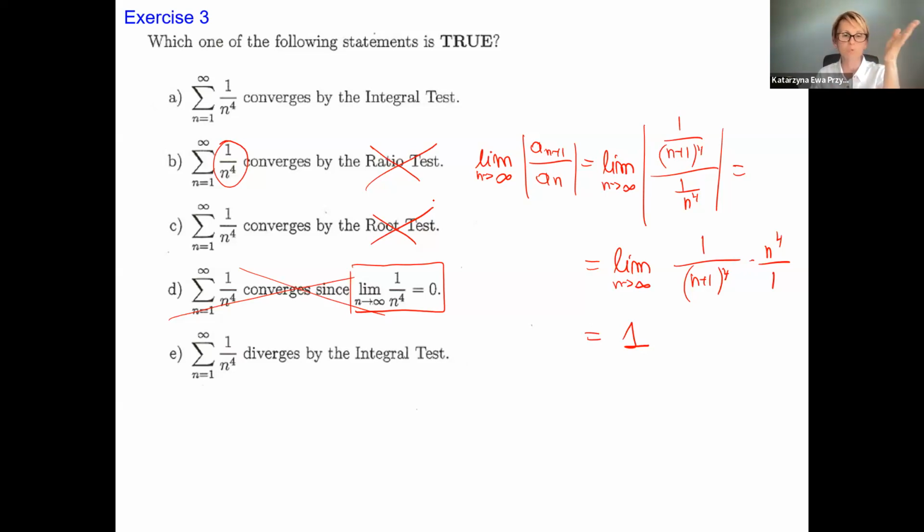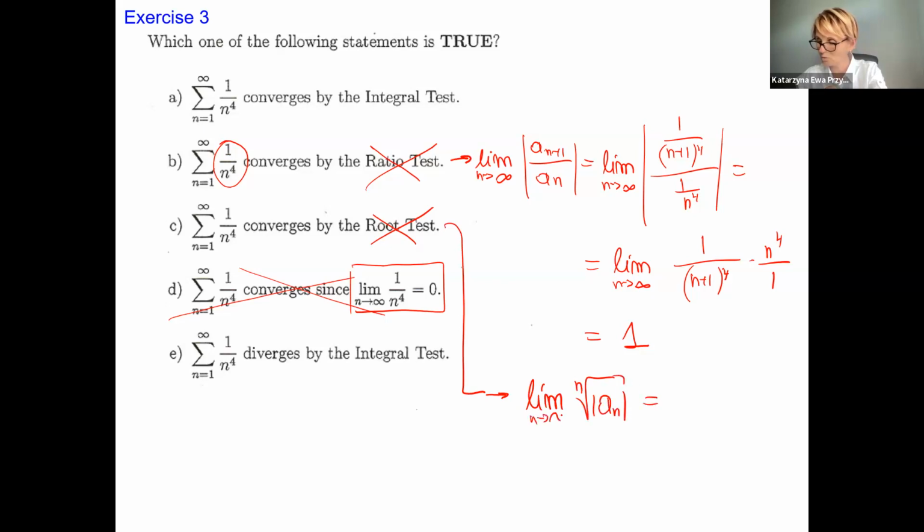Any number to the power of 0 is 1 in this case. That means it will definitely be that limit of the nth root. Yes, we will get 1. If you go through the longer way, you can check this, but it is 1 because nth root means 1 over n, 1 over a big number, small, 0. That means that's wrong.